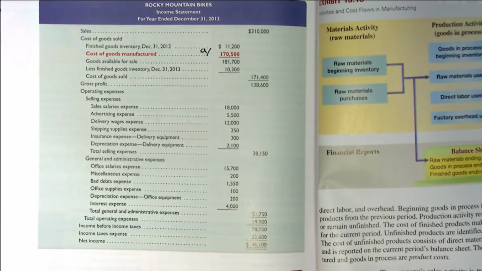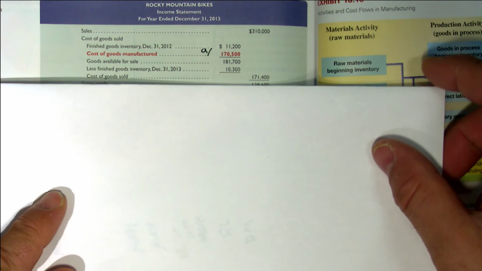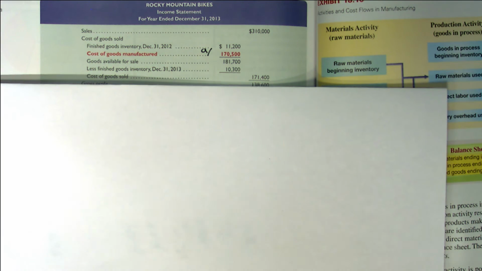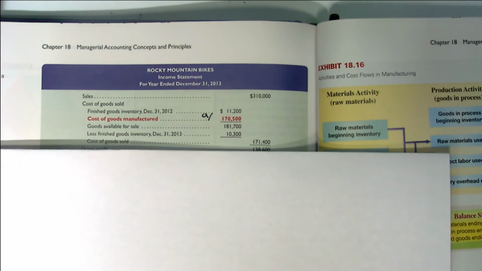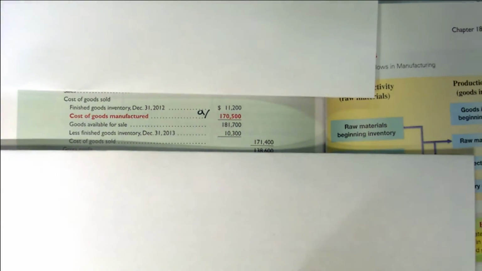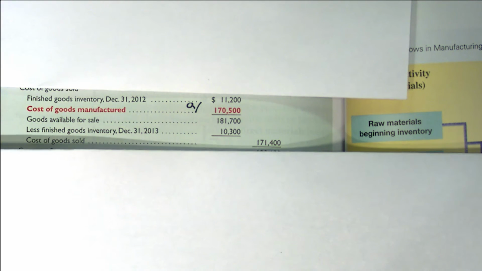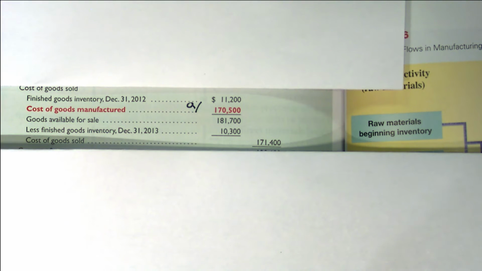Now, maybe it would help to focus on just the section that I'm going to show you, which is the cost of goods sold section of this income statement, right? Remember when I taught you about how to compute cost of goods sold for a manufacturer? Isn't that the equation right there?